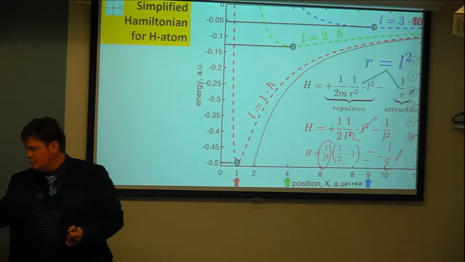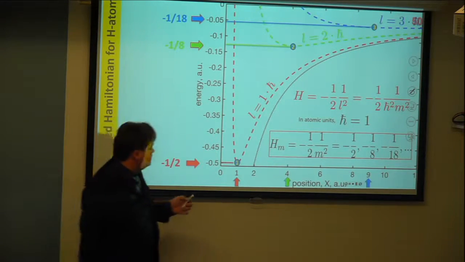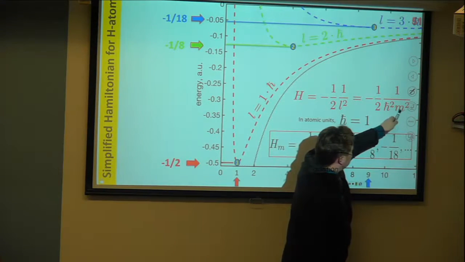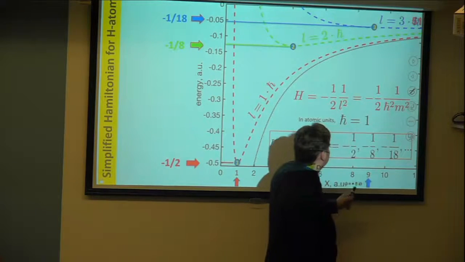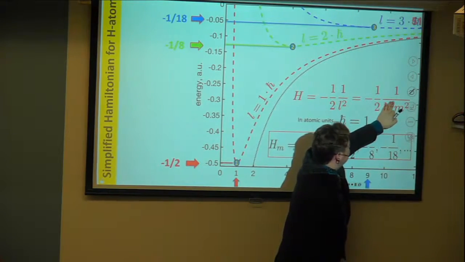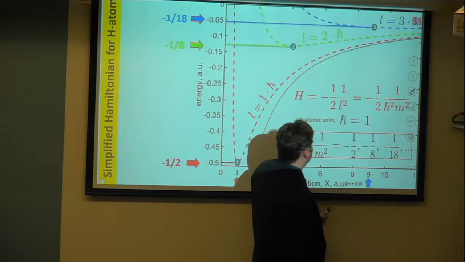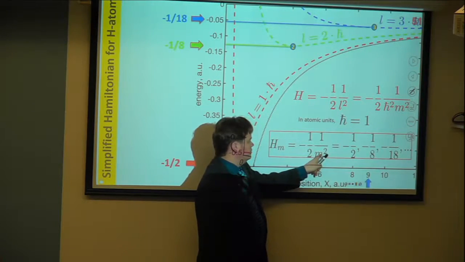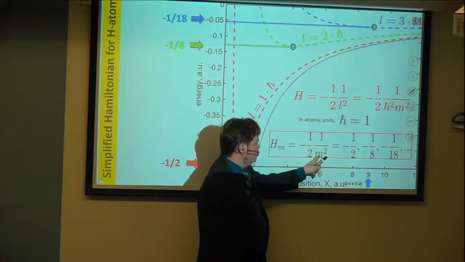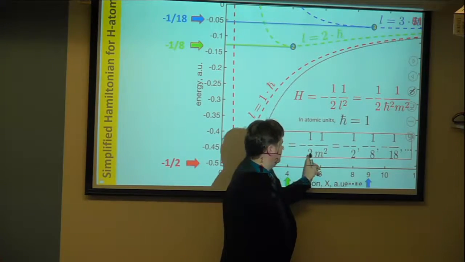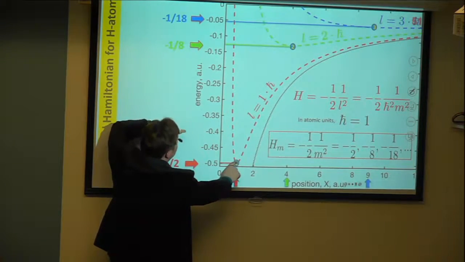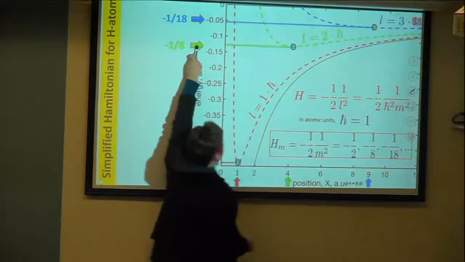Minus 1/2, 1 over L squared. And it will be depending on quantum number. If we are coming into atomic units, we have Planck constant equals 1, and we have minus 1/2, 1 over n squared. And if you plug in 1, 2, 3, it will be minus 1/2, minus 1/8, minus 1/18. So it will be positions of this minimum in there.